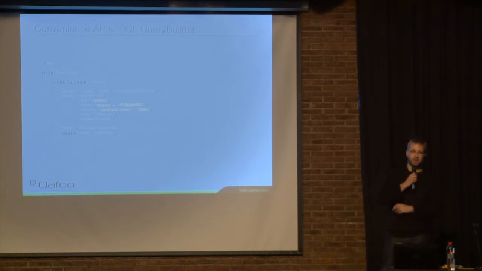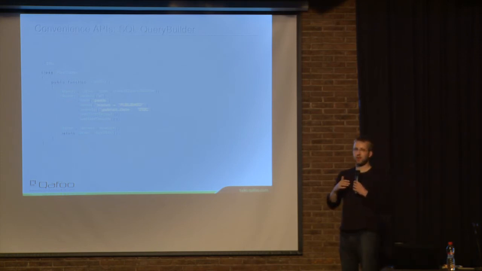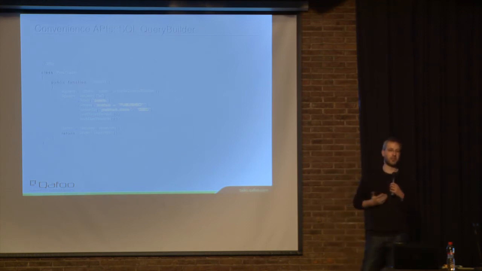And if we want to write code that is independent of the different databases, then we still have to use some kind of abstraction. The way to make this rather simple without lots of boilerplate code is to use a so-called query object. We have this SQL query builder object where we can use a fluent API to generate SQL statements.